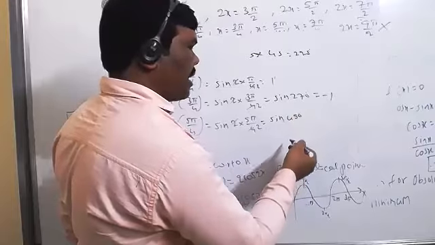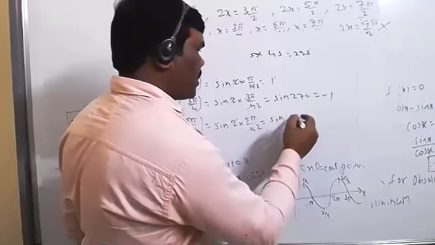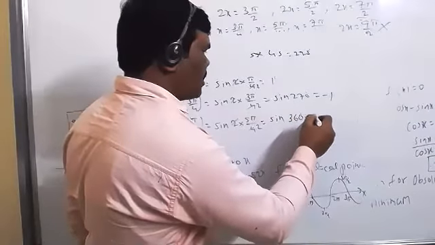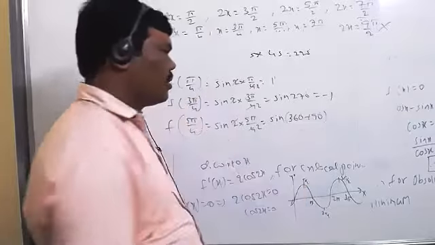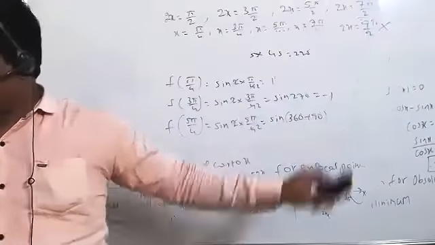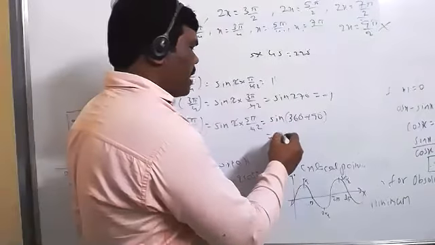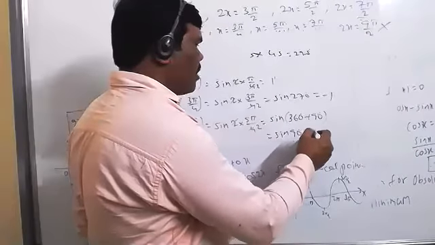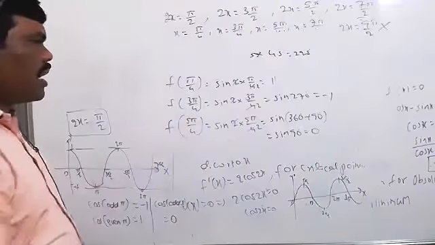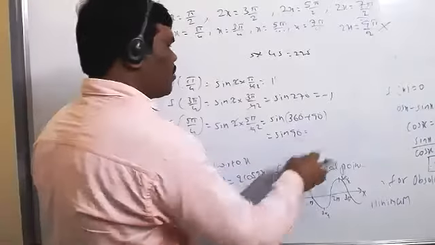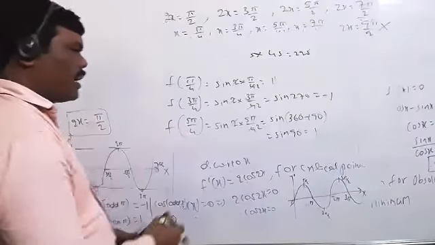This one you can write clearly as 360 plus 90. Understood now? Sine 360 plus theta, first quadrant, so clearly sine is positive only. We get sine 90, so sine 90 equal to 1. Okay. Next.